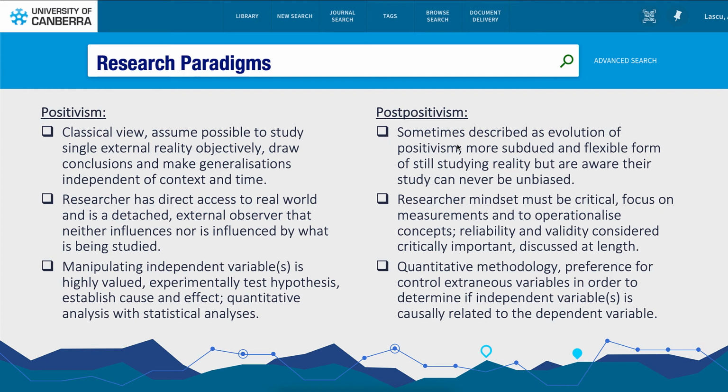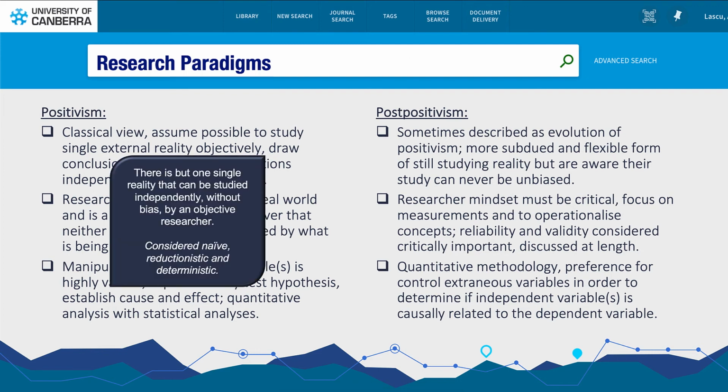Manipulating independent variables is very highly valued. They experimentally test hypotheses, establish cause and effect, and they usually use quantitative methods with statistical analyses. A great way to think about it is that there is but one single reality that can be studied independently without bias by an objective researcher, but this has recently been considered naive, reductionist, and deterministic.